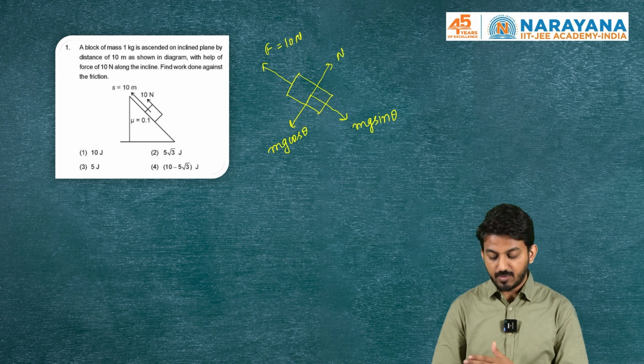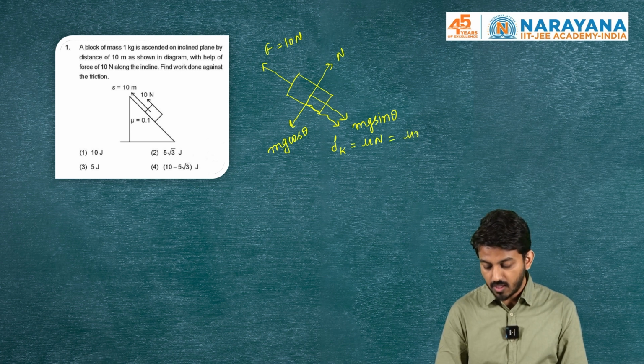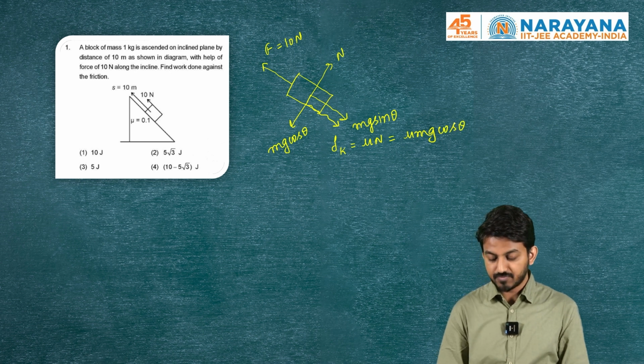which they have showed to be 10 Newton. As the block is moving up, the friction on this one will be downward. As it is moving, it will be kinetic in nature, and the value is going to be mu N, which is equal to mu mg cosine theta.